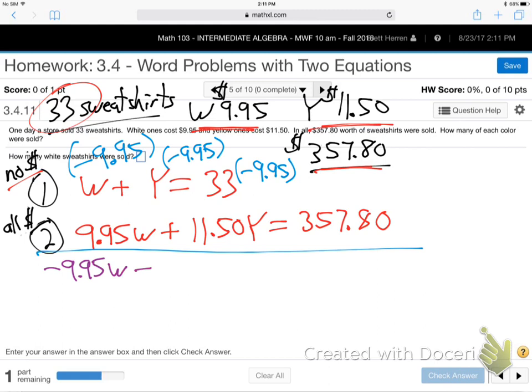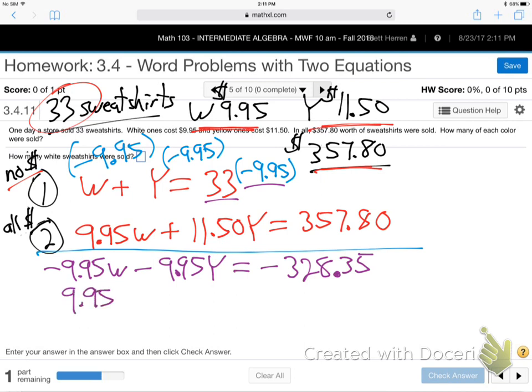Minus 9.95W, minus 9.95Y. And then I have no idea what 33 times minus 9.95 is. 328.35? Okay, thank you. And then the bottom equation, it didn't change at all.